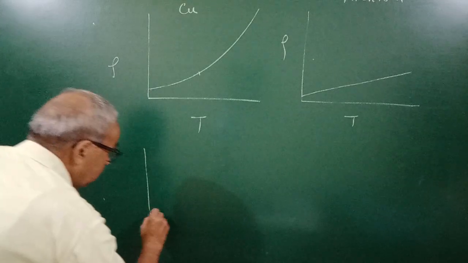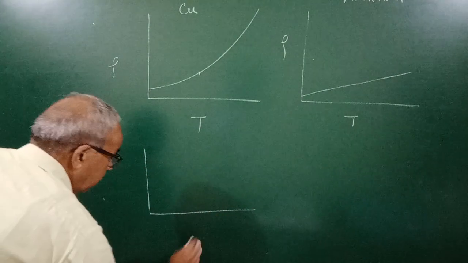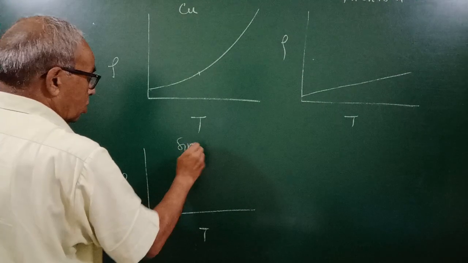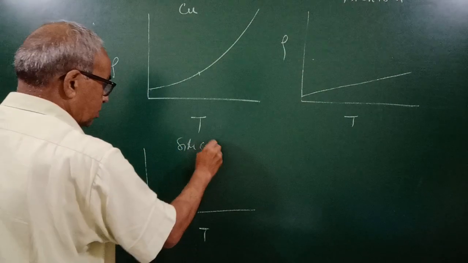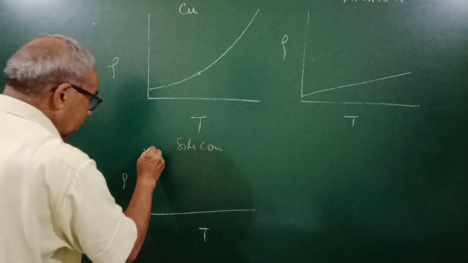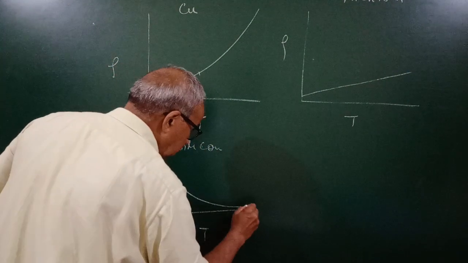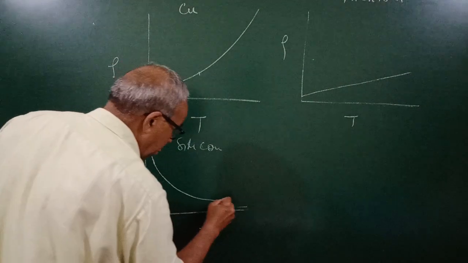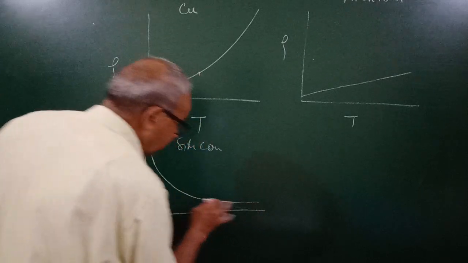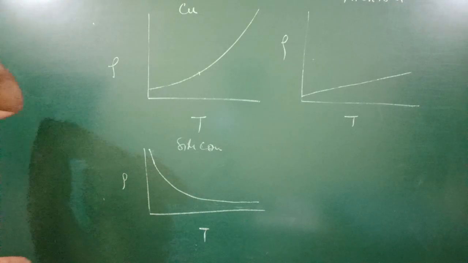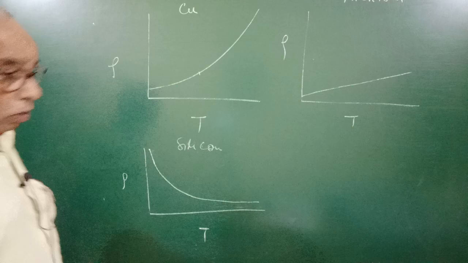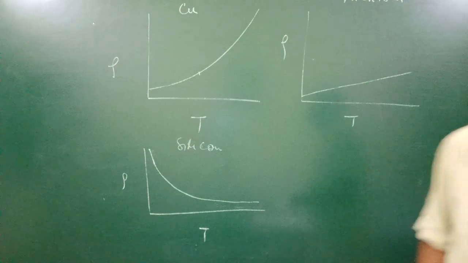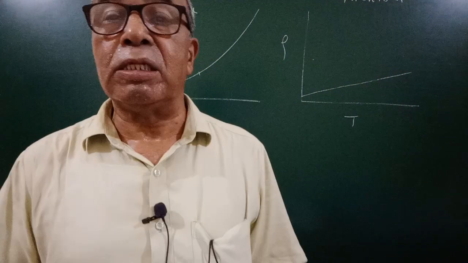In case of silicon, a semiconductor, the resistivity decreases like this: as we increase temperature, the resistivity of silicon decreases. So you can compare graphically the dependence of resistance and resistivity.